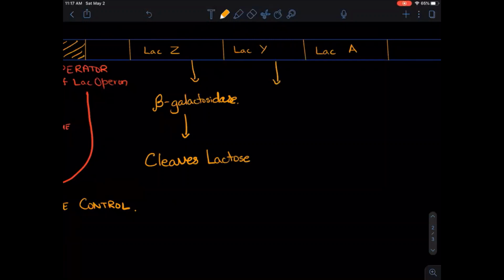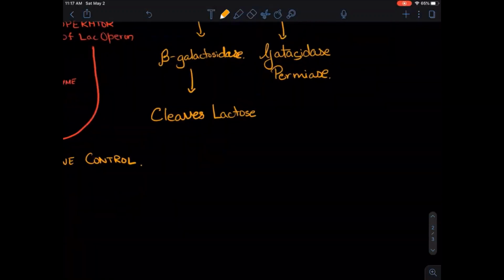LAC-Y codes for permease, which enables the transport of lactose into the cell.